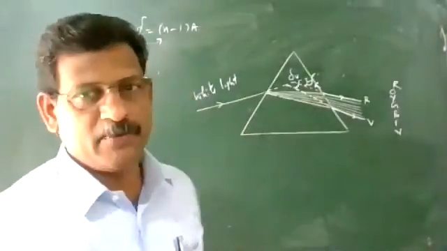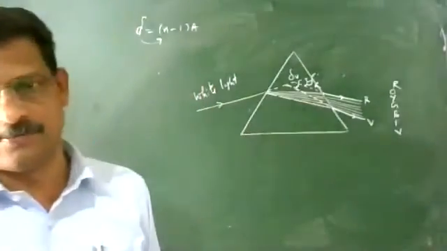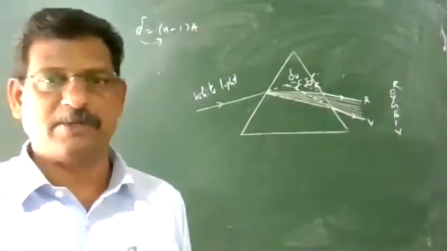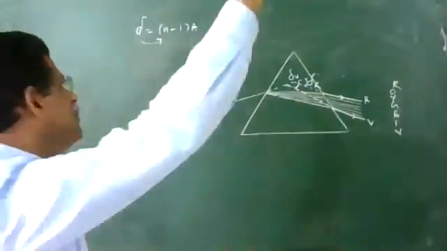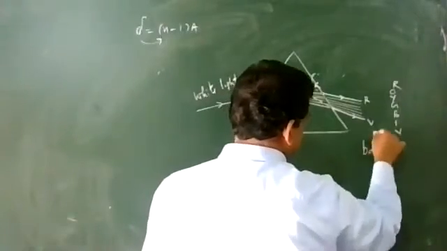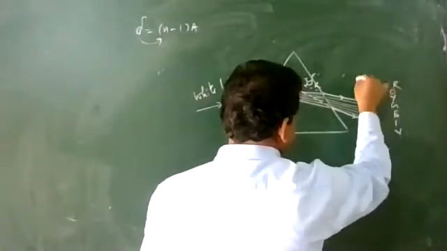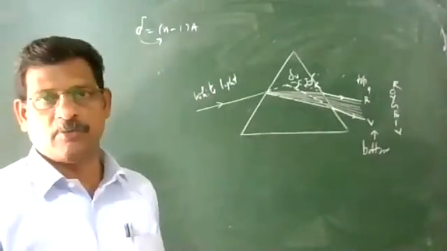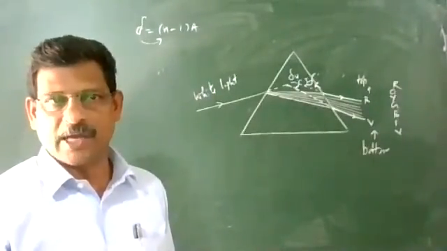So the violet color deviation is more than the red color. Violet is at the bottom and red is on the top. We have explained this. You can see violet at the bottom side and red color at the top side. All other colors lie from bottom to top. All have different wavelengths.